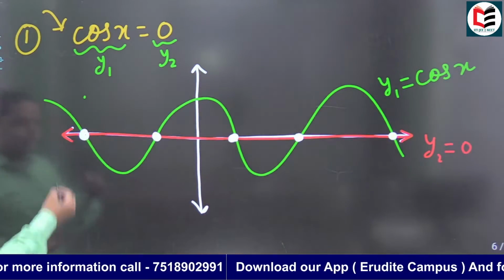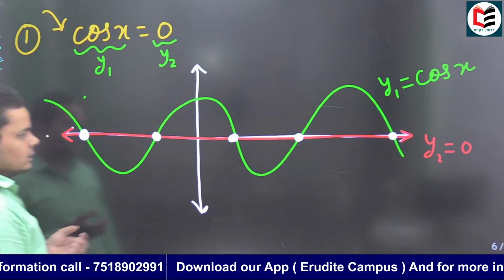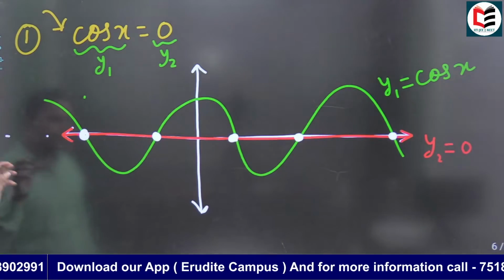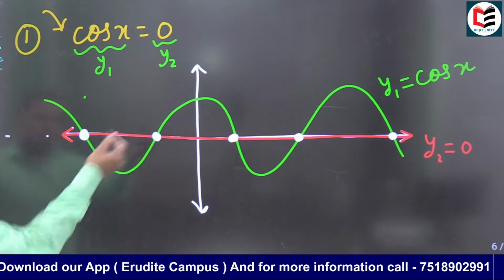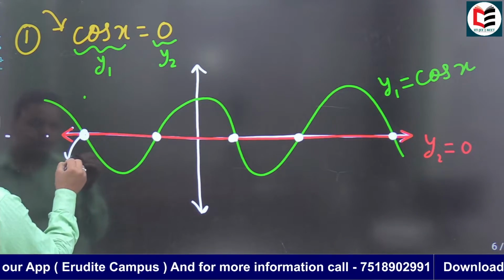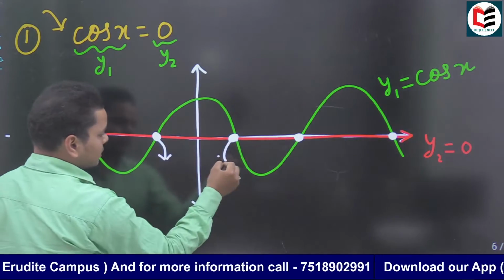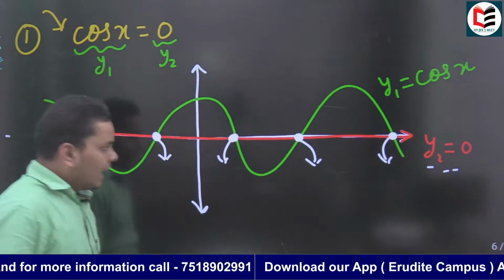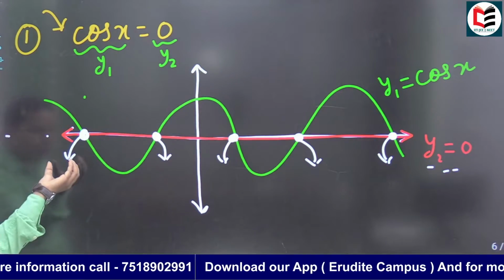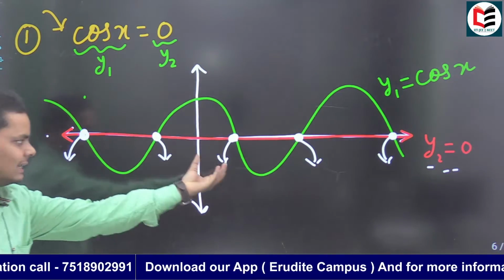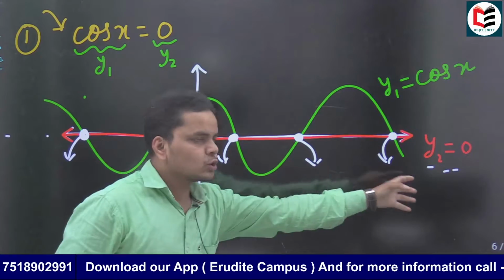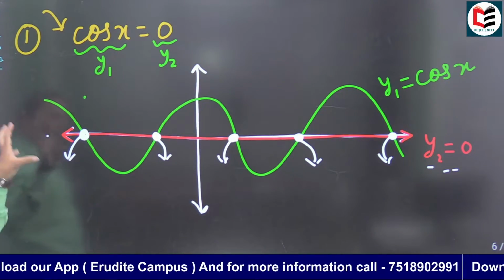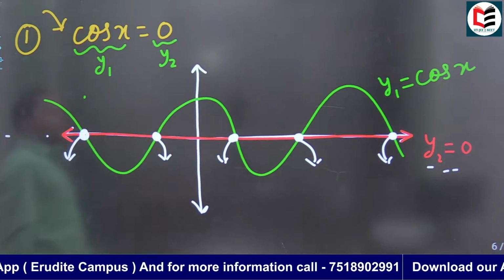It will continue on the left side and on the right side also, with the same properties. If we find this point, this point, and so on, and in the same way on the left side, we will find that solution.